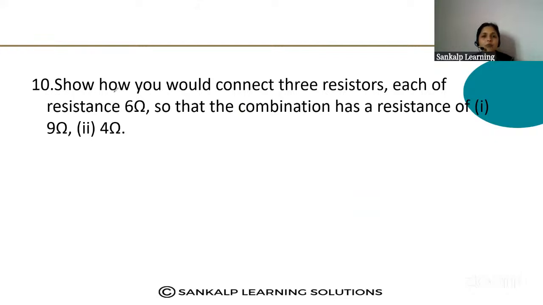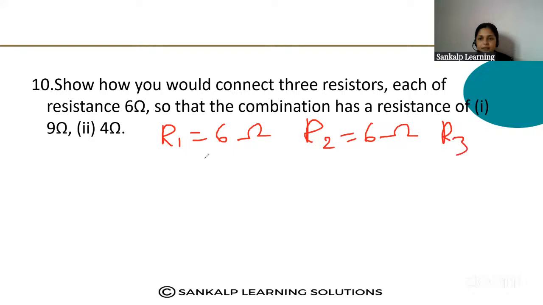Show how you would connect three resistors, each of resistance 6 ohm, so that the combination has a resistance of first one 9 ohm and then 4 ohm. So what you have to do, three resistors you have to take, R1 is equal to 6 ohm, R2 is equal to 6 ohm, and R3 is equal to 6 ohm.